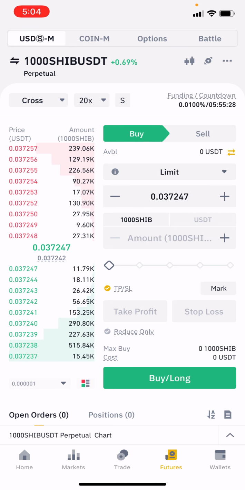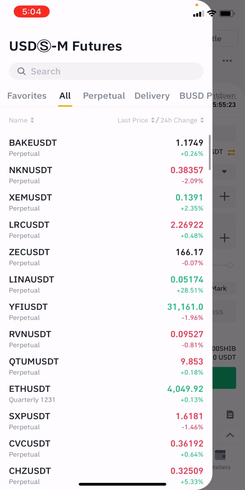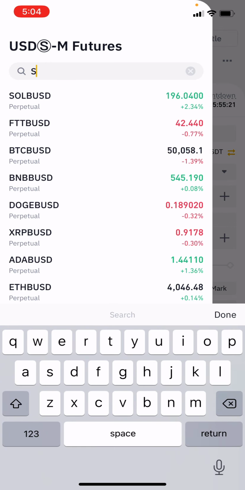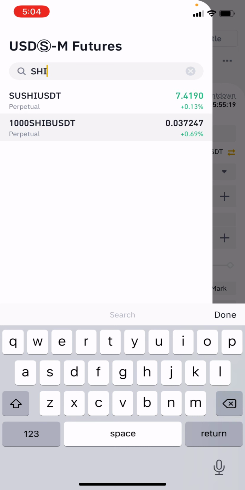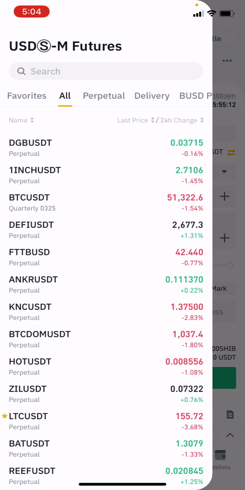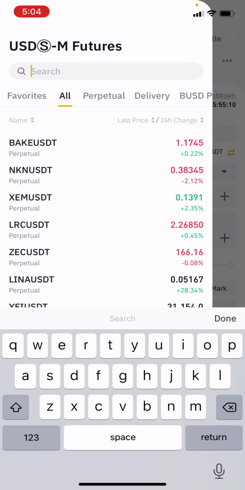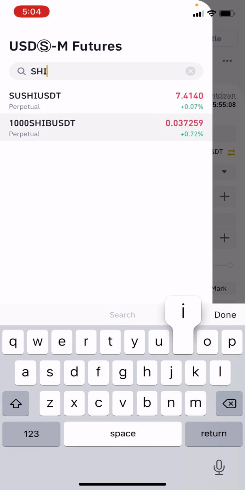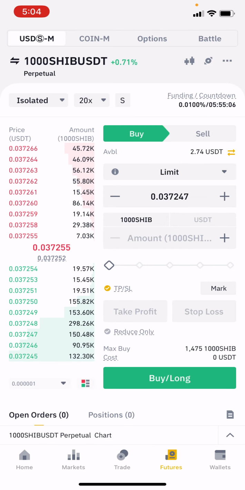This is where the real deal is. We're looking for a coin to trade. We are going to be trading Shiba as a case study. You come here and click on it, you type Shiba or the coin you want to trade. So we are using Shiba as a case study.